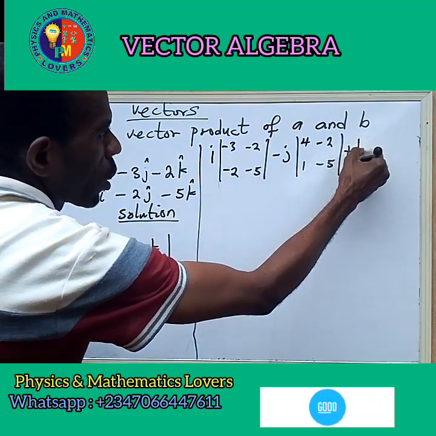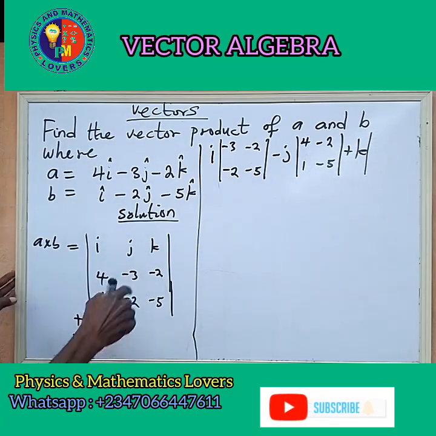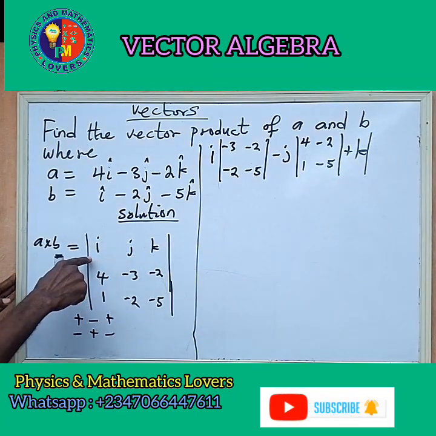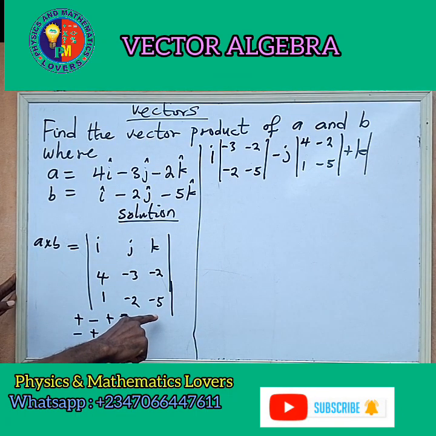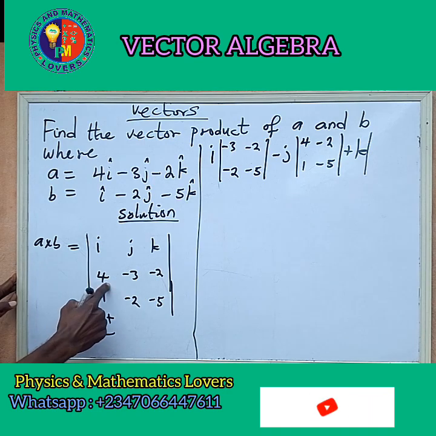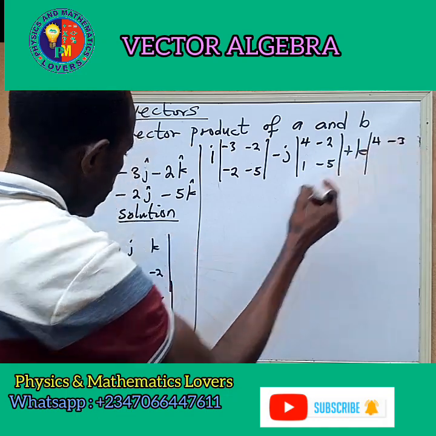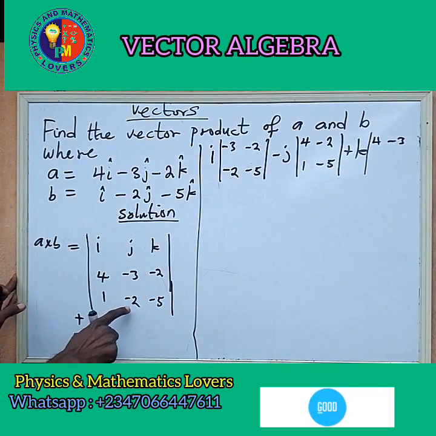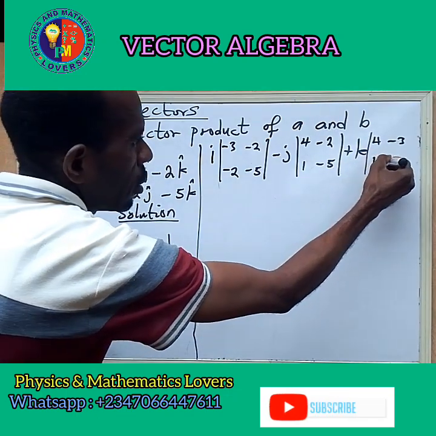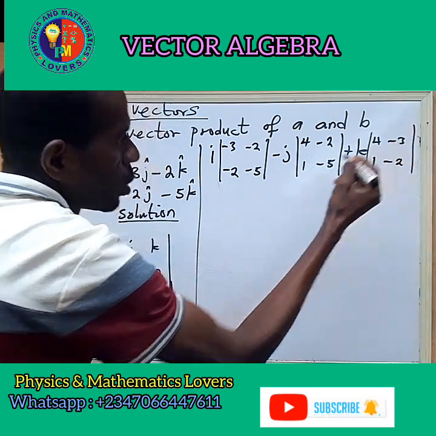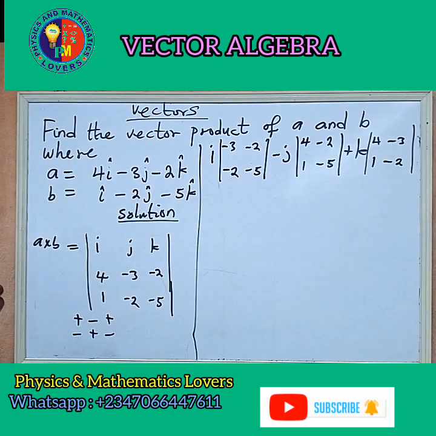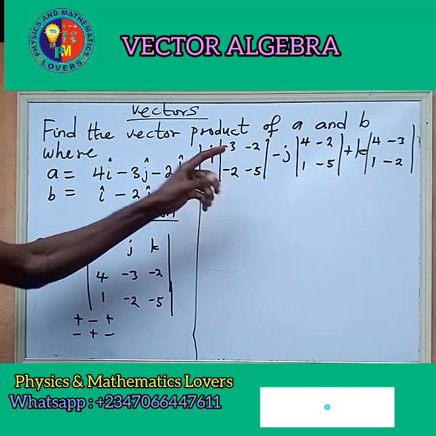I'm going to have a plus k. Look at k, don't take from its row and column, so we're going to have 4 and negative 3, and 1 and negative 2.